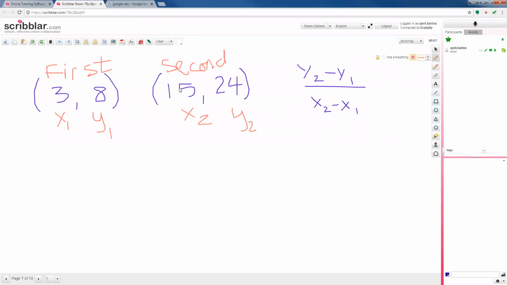So once you've identified that, now we can go plug these in. We can actually substitute the numbers into the formula. And this is the rate of change formula or the slope formula. That's actually 2 different words for the same thing. Rate of change and slope both use this exact formula.